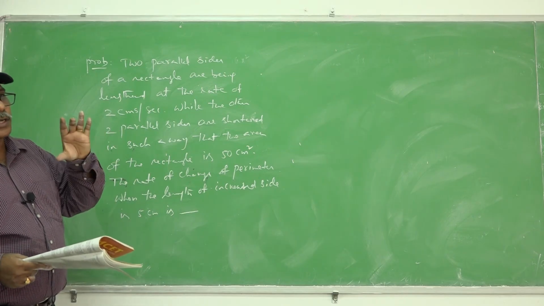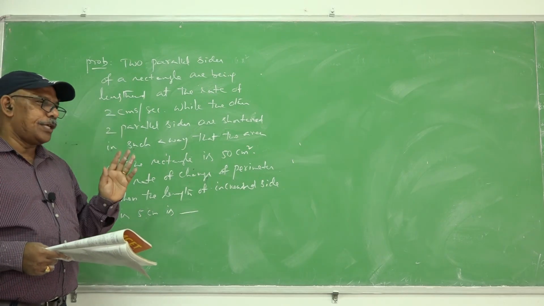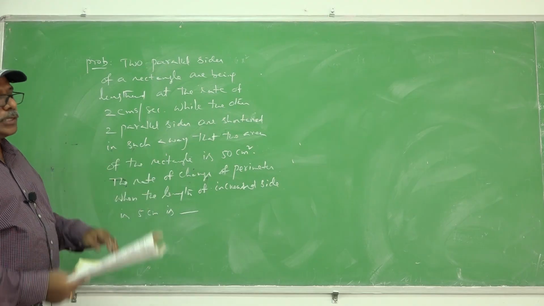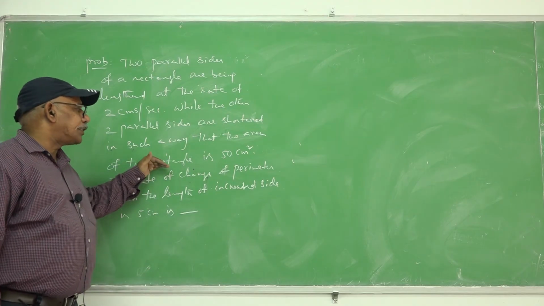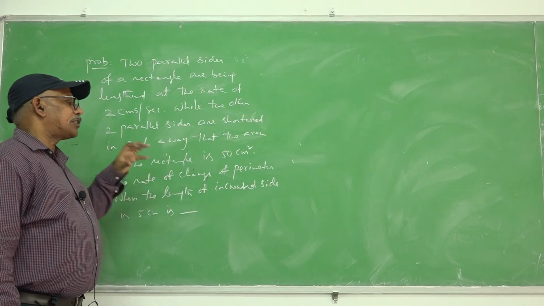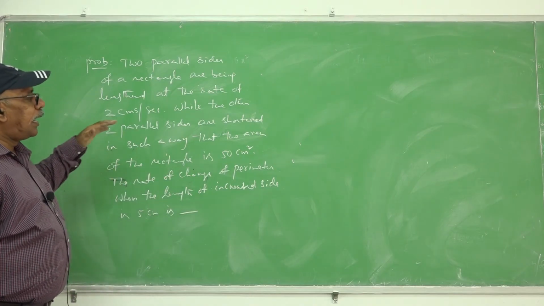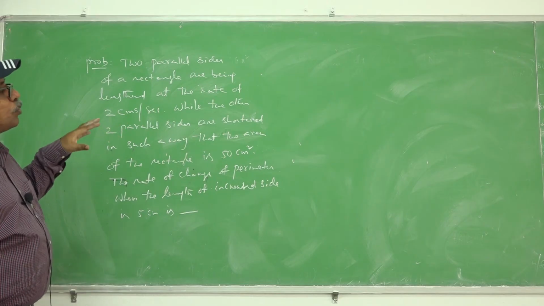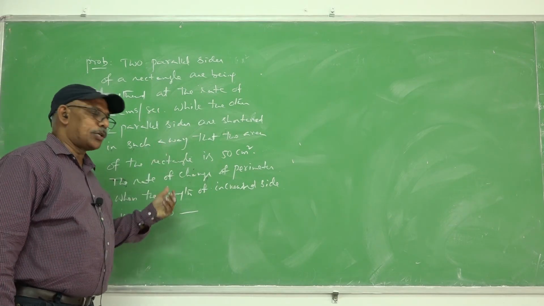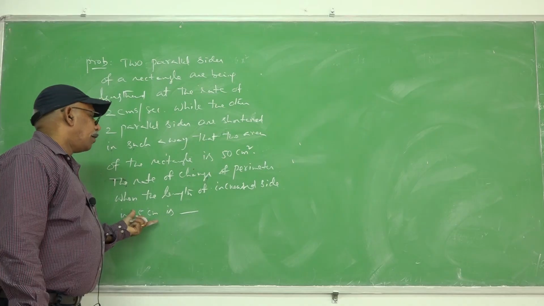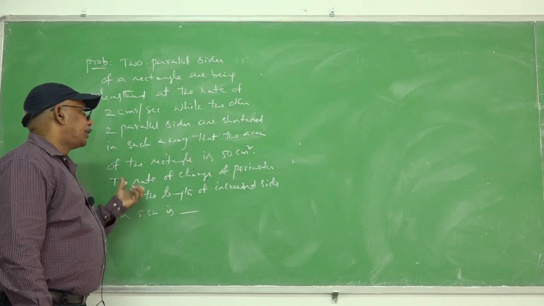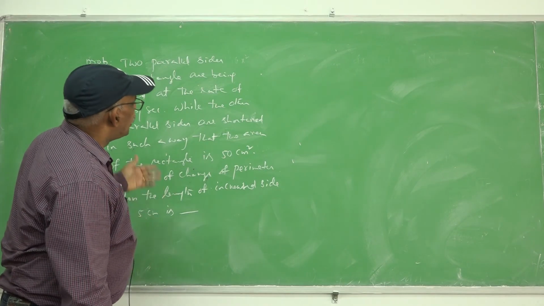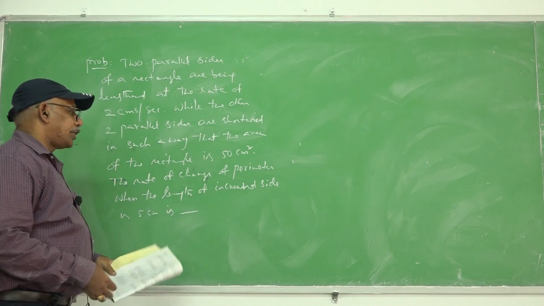Suppose the length is increasing and the width is decreasing, the area remains the same. What is the rate of change in the shortened side? That is the question here.